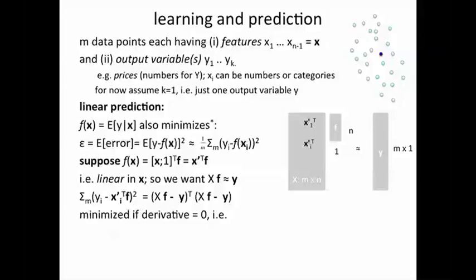The way you would take the derivative is you would expand this out, and you'd get one term which is f transposed x transposed xf. So there are two f's there. So when you take the derivative of that, you'll get twice x transpose xf, and then you'll get two elements where there's a y transposed x into f, or an f transposed x transposed into y.